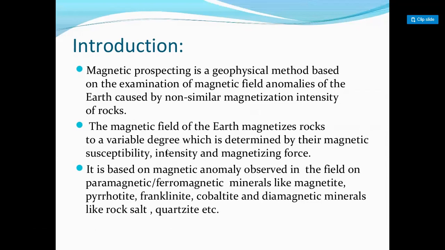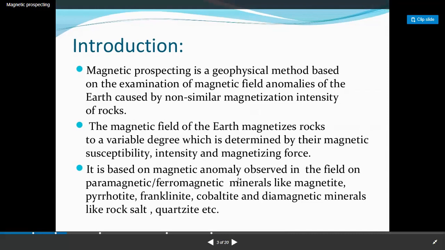Here, guys, the second point tells that the Earth has some specific magnetic field, and that magnetic field is going to magnetize the rocks to a variable degree, determined by their magnetic susceptibility, intensity, and magnetizing force.